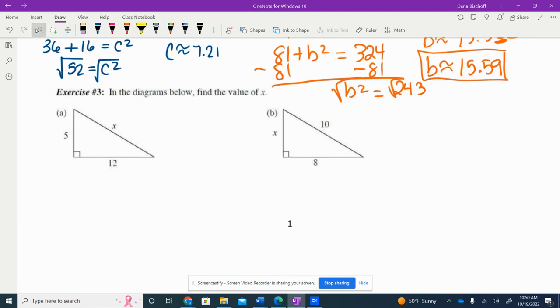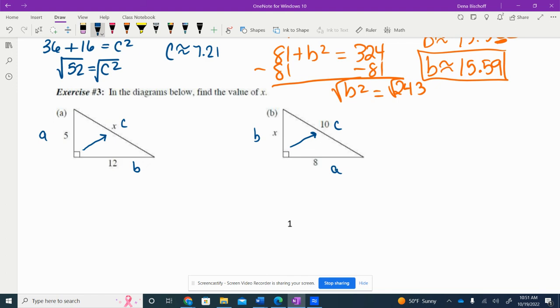In the diagram below, we're finding the value of x. For this activity, I always just have kids label the hypotenuse. Remember, the hypotenuse is directly across the right angle. If you know what the hypotenuse is, then the other two sides are a and b, and it doesn't matter how you label the legs, just one needs to be a and one needs to be b.